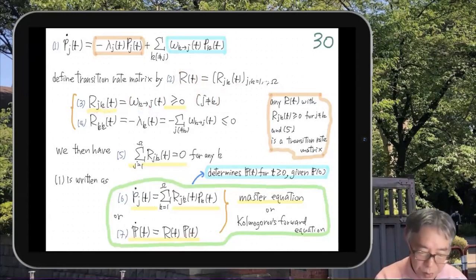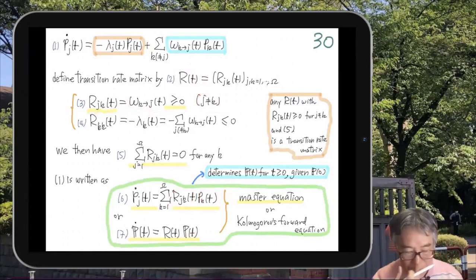So this is from k to j, but if you recall the rule of a matrix times a vector, this should be switched. And the diagonal, as you can guess, is given by minus the sum of the transition rates, which can be written, of course. This is just the definition.